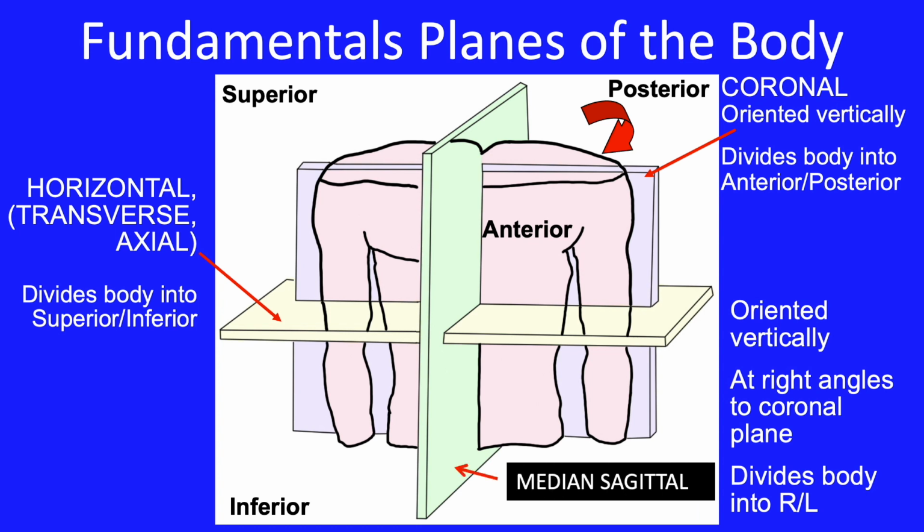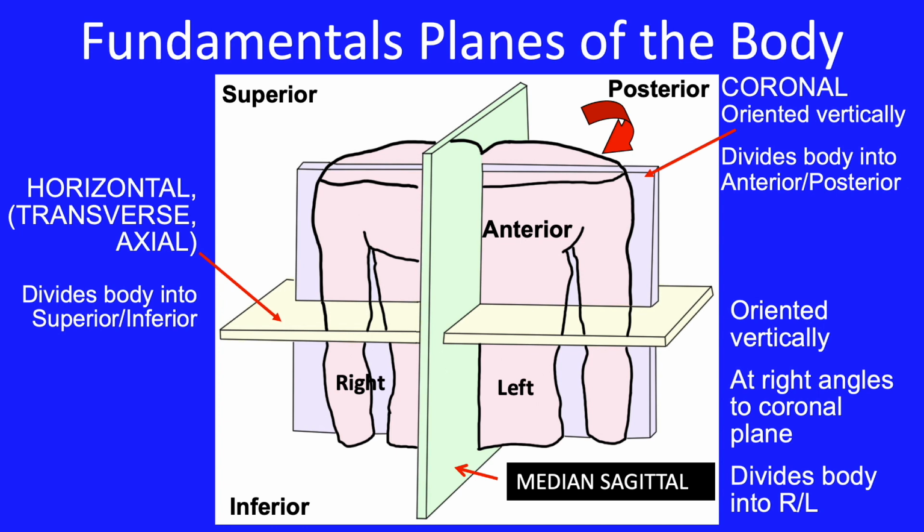The last plane is the median sagittal plane. The term comes down from Sagittarius, the mythical creature that was half horse, half man, and would shoot arrows. Given that the chest is the widest point in the anatomical position, a bowman aims for the chest.